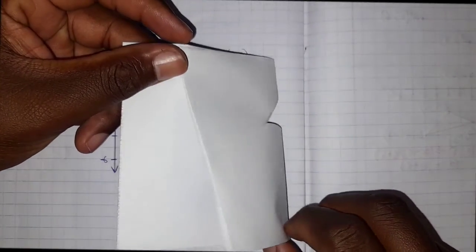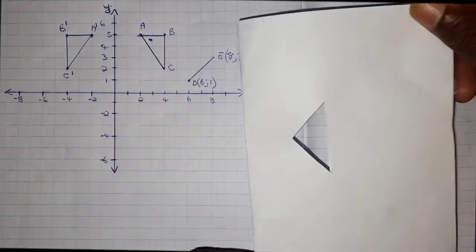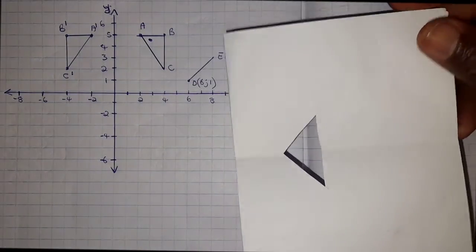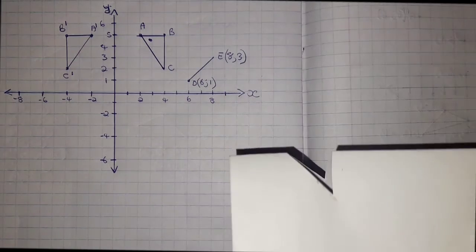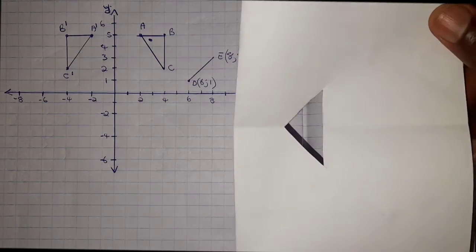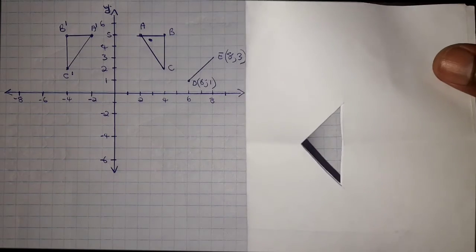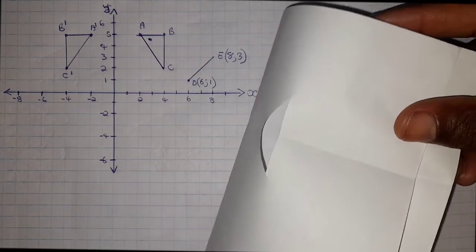Now when I open it, you see we have a triangle which we obtained after cutting that edge with a pair of scissors. And then I open it the second time.